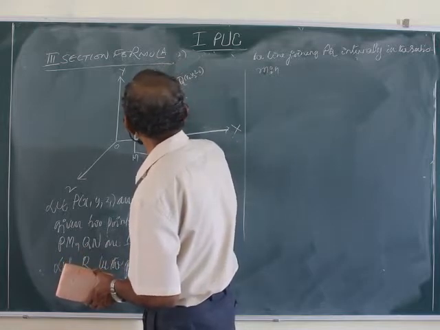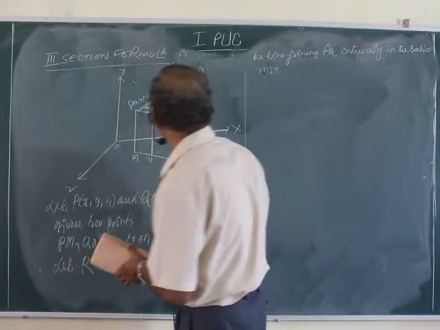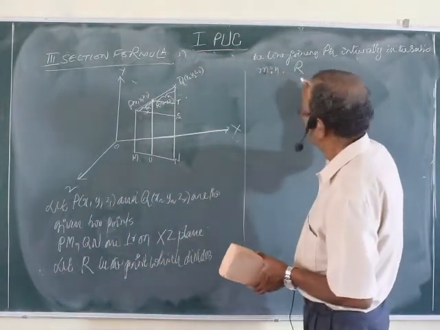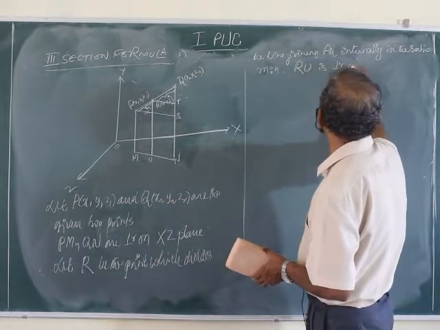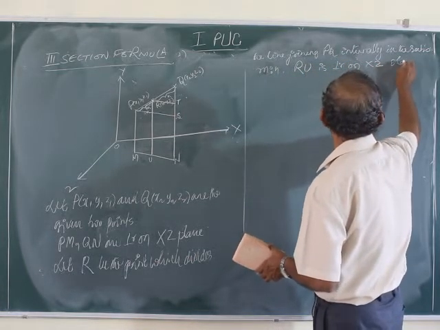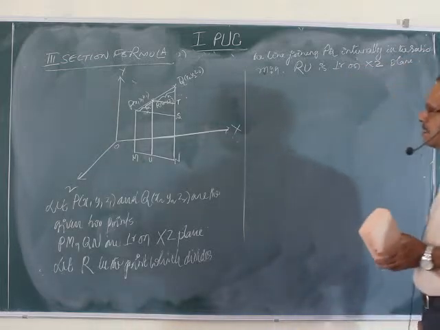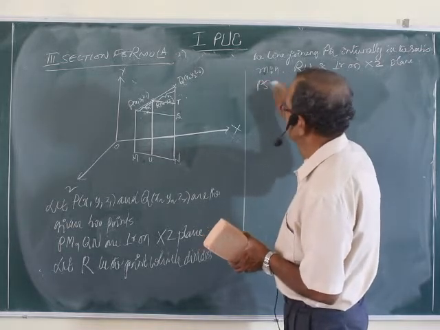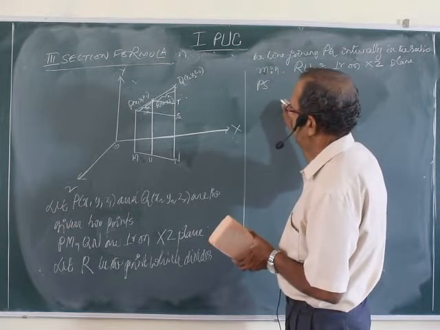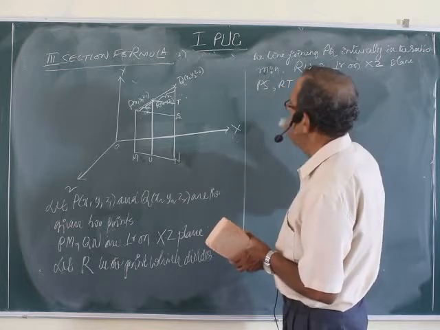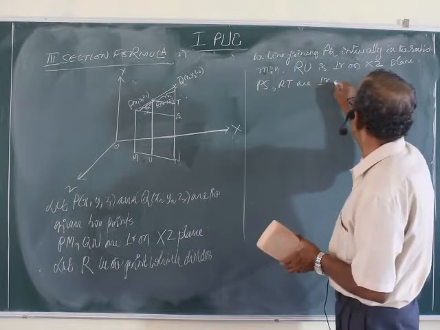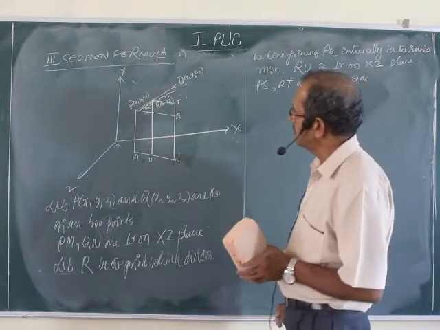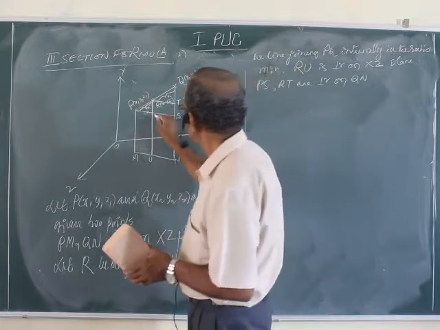This is m, okay, and this one is n. RU is perpendicular on again XZ plane. Any more perpendiculars? PS, RT are perpendiculars on QN. One more point here, let me call it as V.